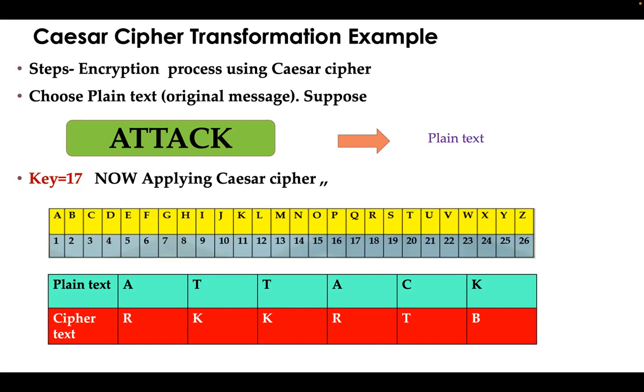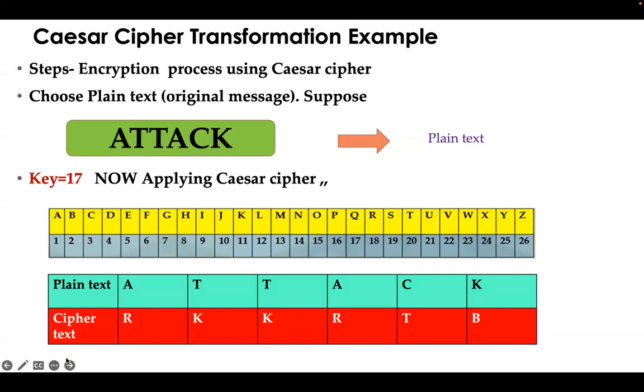This is our alphabet, and below it is our index number. From the plaintext ATTACK, we can find our ciphertext as RKKRTV. Now, how will we get it?